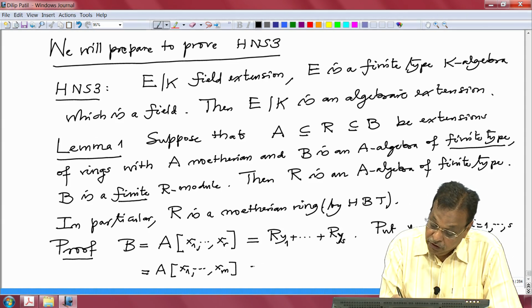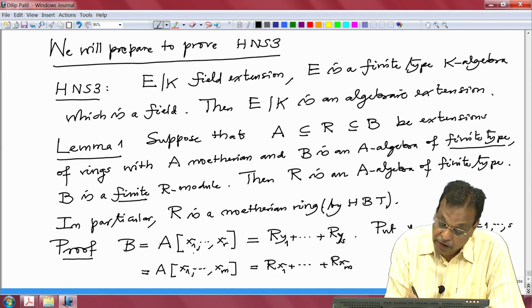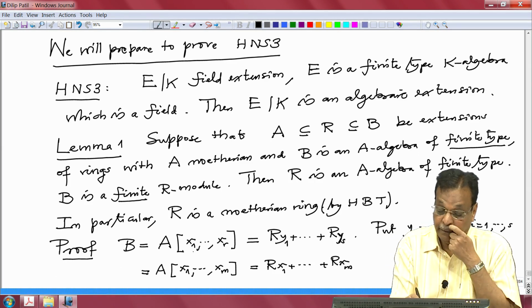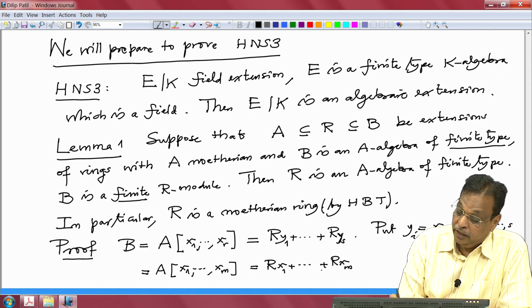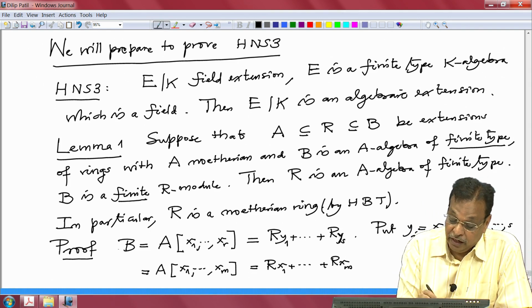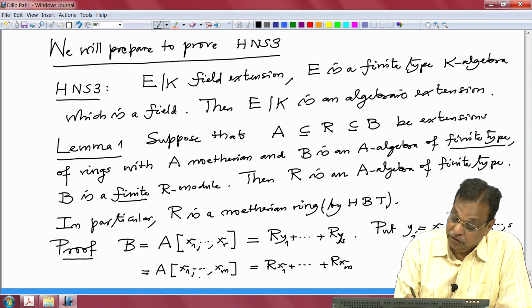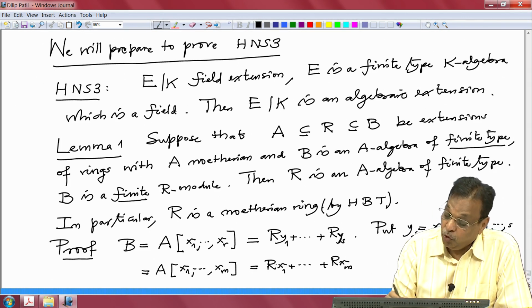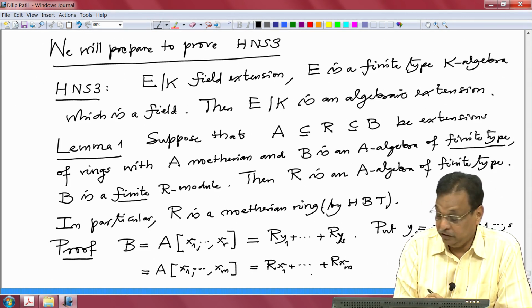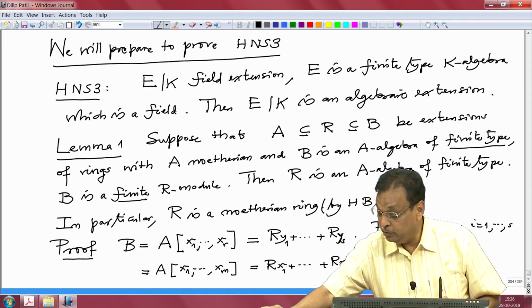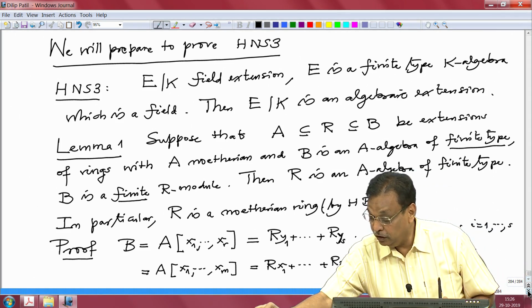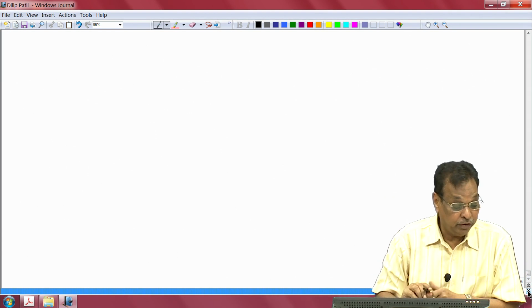Similarly, this will be R x1 to xm, because I have added x1 to xr here and I have added x_{r+1} to xm here. So what is the achievement? As an algebra over A, B has the same generating set, and as a module over R, it has the same generating set. That is a good achievement. You will see the neatness in the proof because of this.